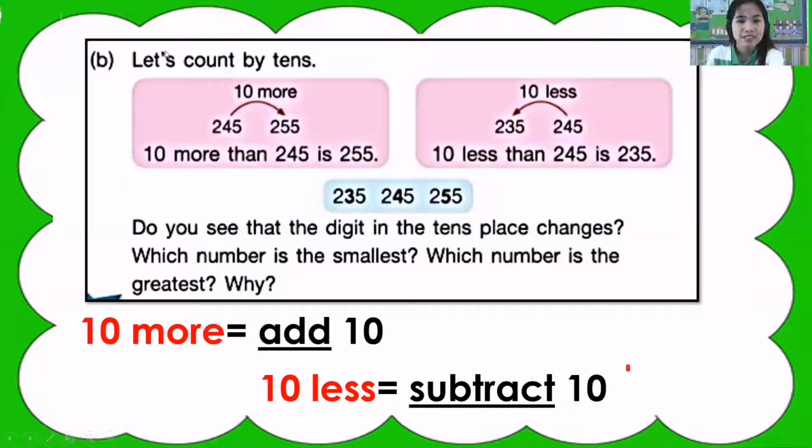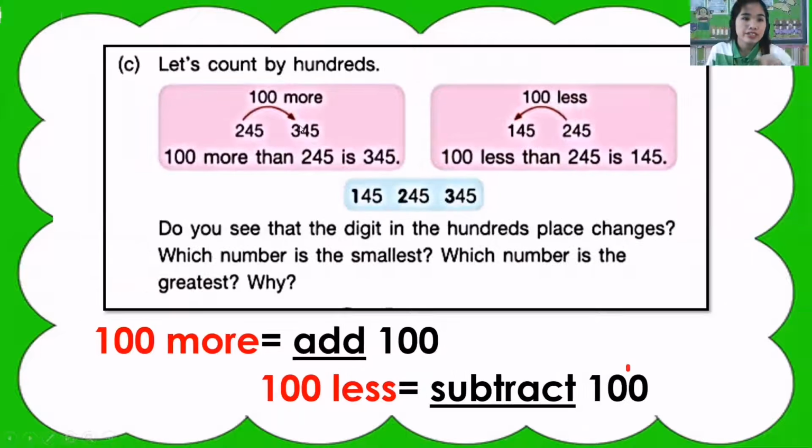Okay. So, let's proceed to letter C. Let's count also by hundreds. We have here the original number, which is 245. 100 more, meaning you will add 100.